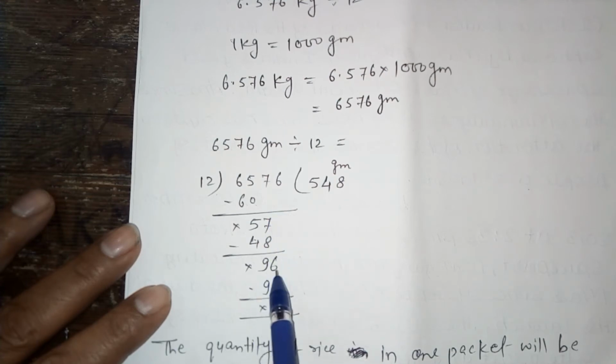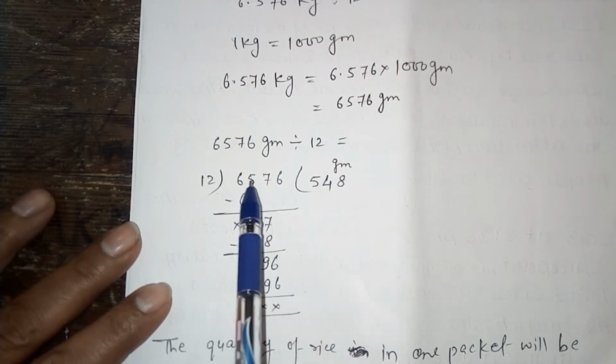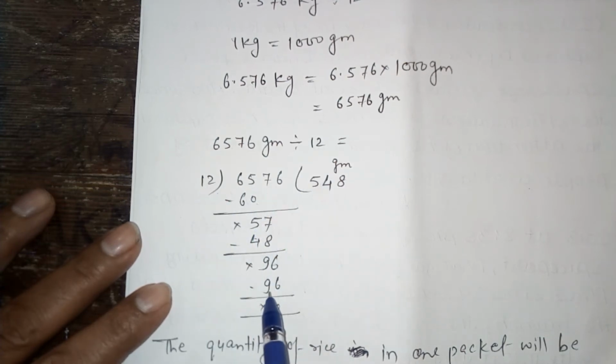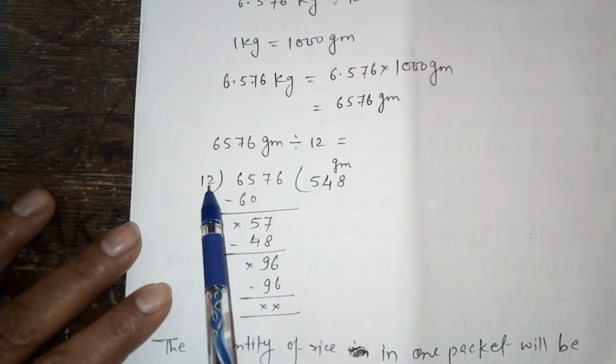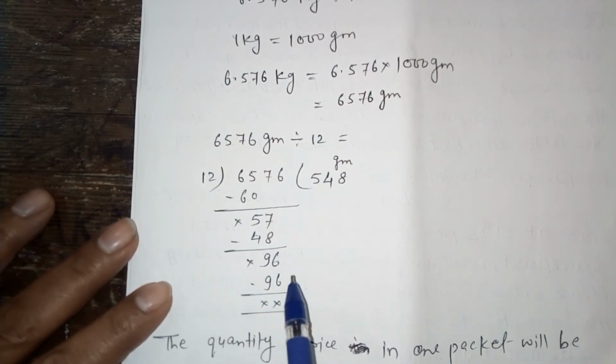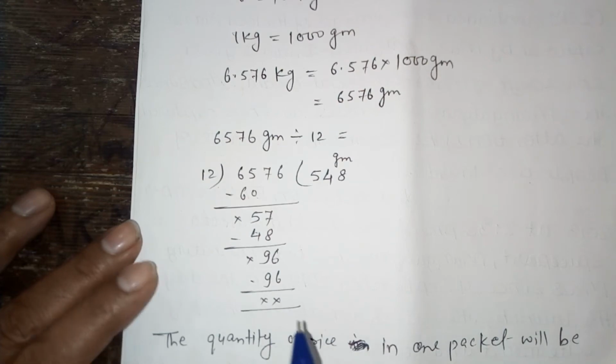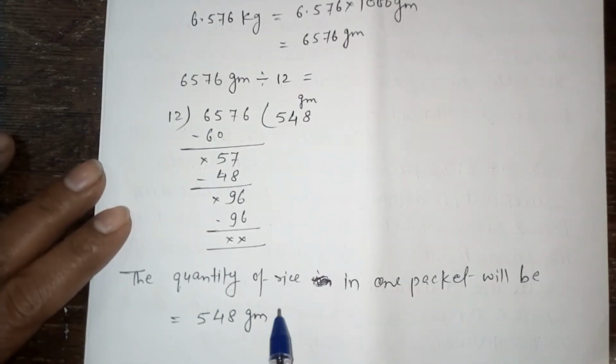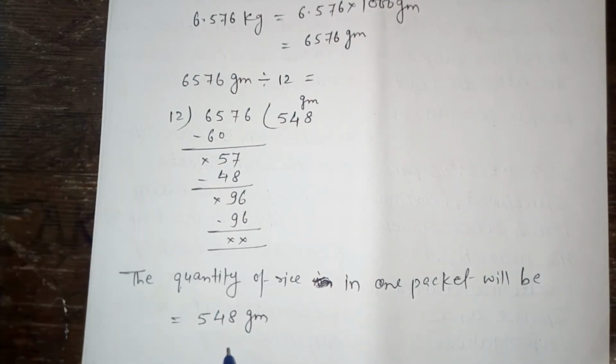So 9 and 6 gives 96. 12 8s are 96. The remainder is 0. The meaning is the quantity of rice in one packet will be 548 gram.